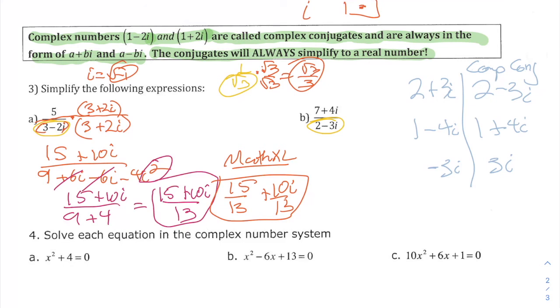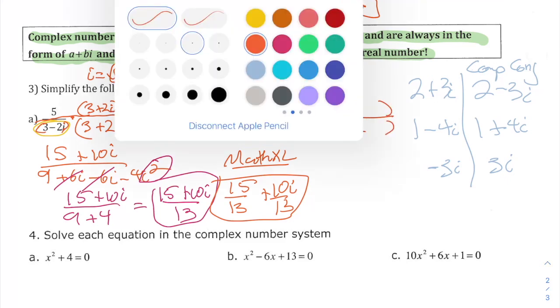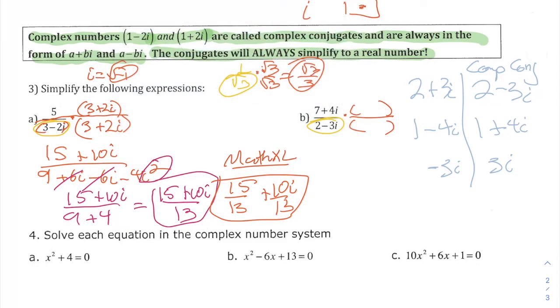Okay. All right, so let's try it here. This one is a little bit more involved, but really not that much different. The first thing is, remember, recognize you need a complex conjugate. So this becomes 2 plus 3i. If we were in person, you could put the entire numerator in your calculator and the entire denominator in your calculator.